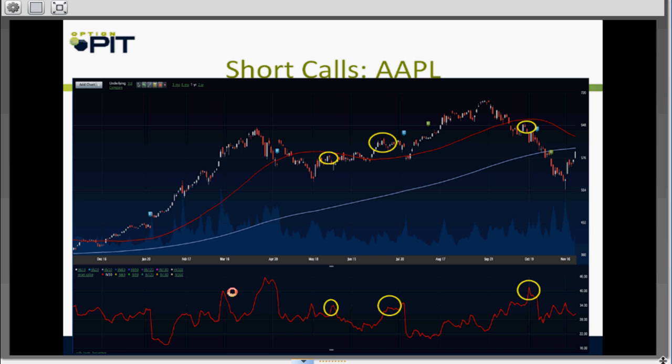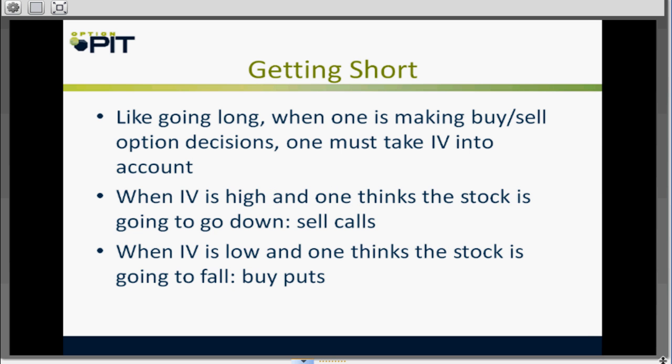So short calls in Apple. Apple is consistently, there's a reason people like buy writing. Interestingly, some of the times where you absolutely, right before you really, really want to buy premium, you take a look. This is my chart before.